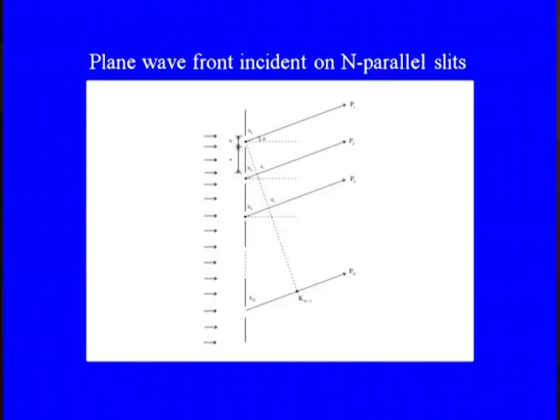Let us now find the resultant effect of these n vibrations when brought to focus by a convergent lens. To calculate the path difference between the diffracted waves from successive slits, from S1 we draw perpendiculars S1K1, S1K2 up to S1K(n-1) on the parallel paths of these vibrations.